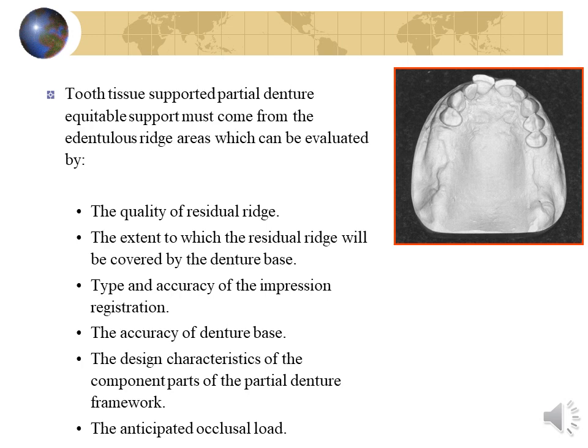The extent to which the residual ridge will be covered by the denture base, the type and accuracy of the impression registration, the accuracy of the denture base, the design characteristics of the component parts of the partial denture framework, and the anticipated occlusal load.